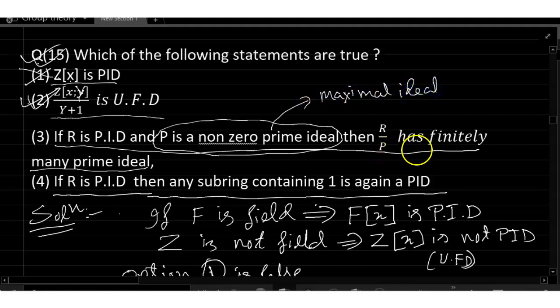So R/P has finitely many prime ideals when R is a PID. This option is correct.